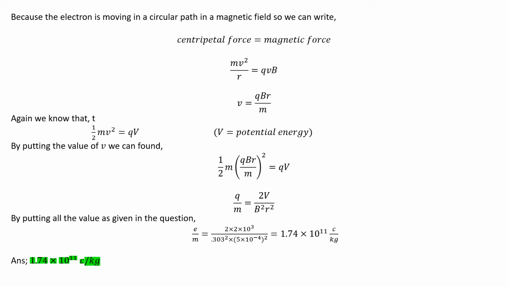And again from here we can find the value of V, and we can put the value of V in this equation, that is q by m is equal to 2V by B square r square. So by putting all the values as given in the question, we can find the value of e by m as 1.74 into 10 to the power 11 C by kg. So the answer will be 1.74 into 10 to the power 11 C by kg.